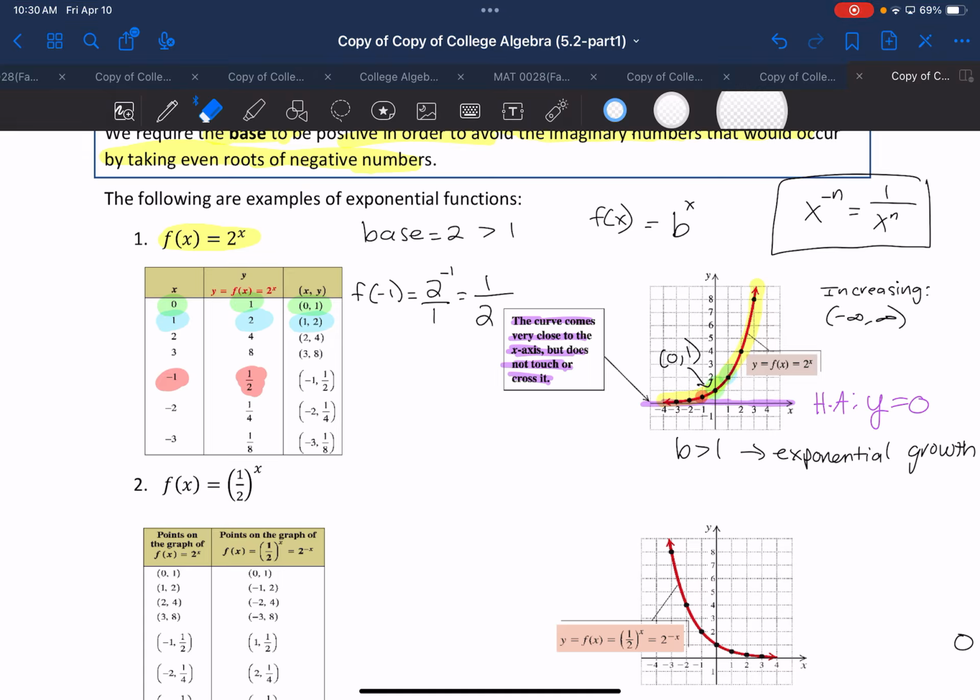An example of exponential growth could be used to model the population growth of a city, or the population growth of, for example, a school of fish. If you go on to higher maths, you'll see that in examples. It's used to model things like that.